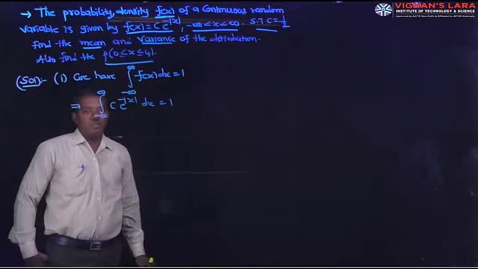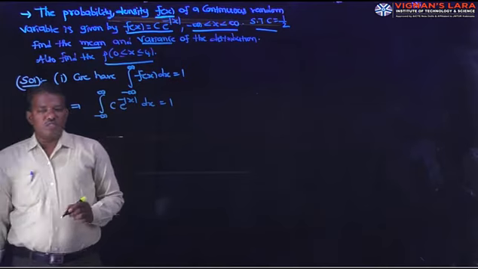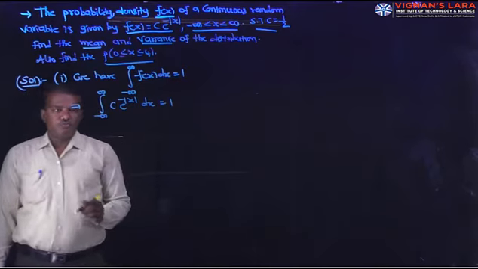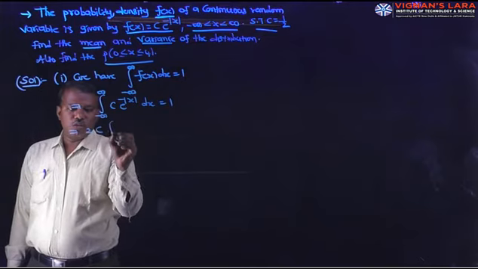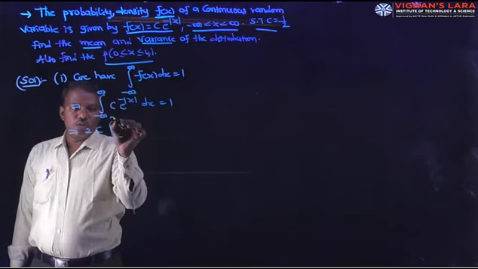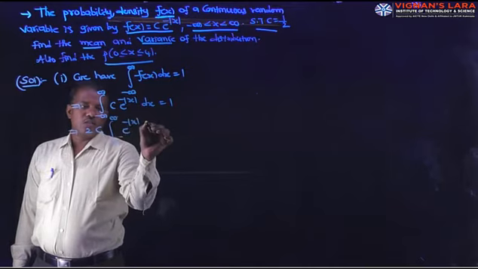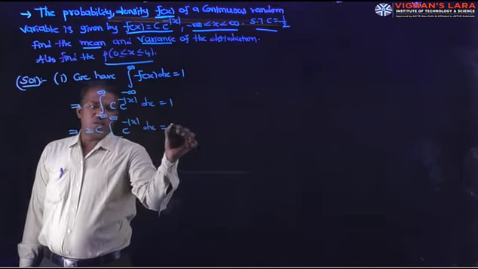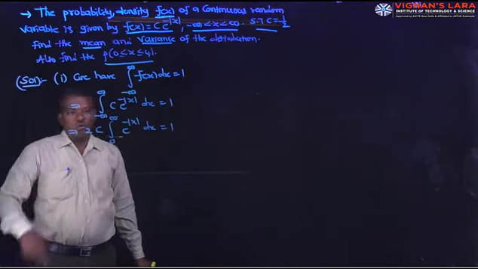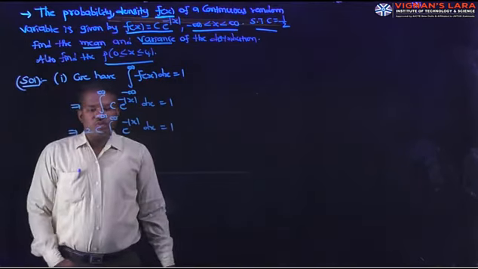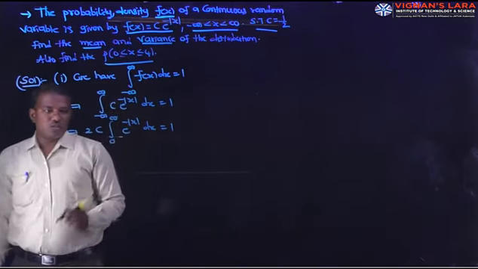Since e power minus mod x is an even function, it can be written as 2c integral 0 to infinity e power minus mod x dx is equal to 1. The reason is e power minus mod x is an even function, so minus infinity to plus infinity can be written as 2 into 0 to infinity, and c is a constant.